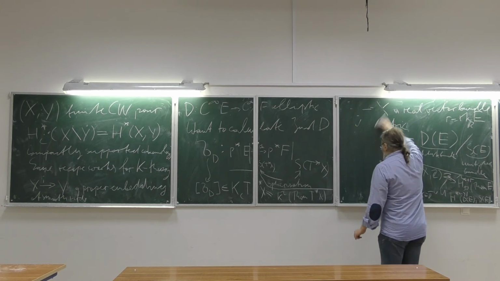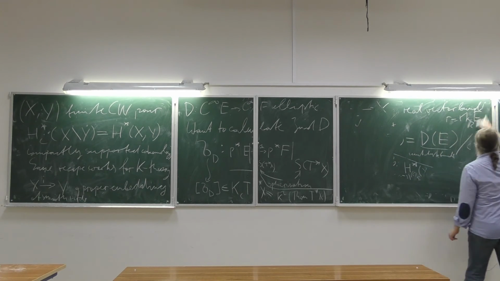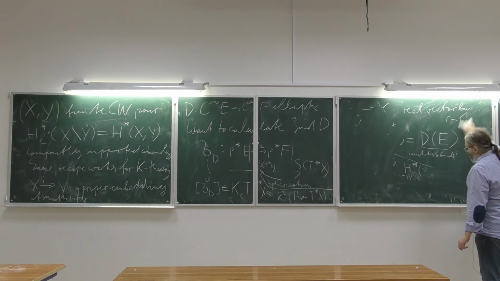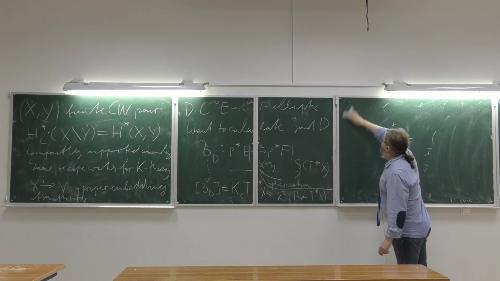Now, I want to define a push-forward map for compactly supported K-theory.